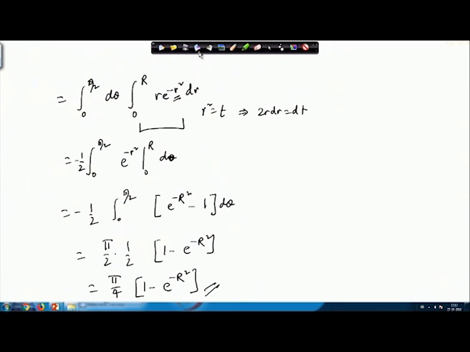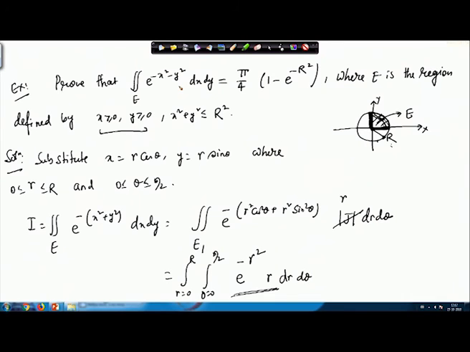Using these transformations makes life quite easy, and there will be a lot of situations where we come across a very complicated double integral, but just using some simpler transformation we can reduce that complicated integral into a fairly simple one, and this is one such example.